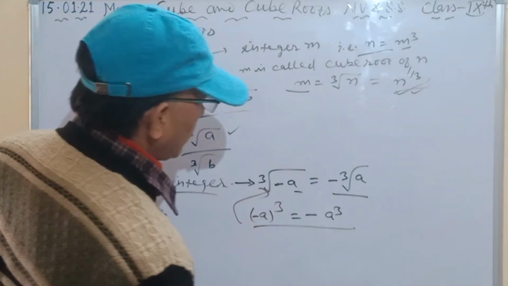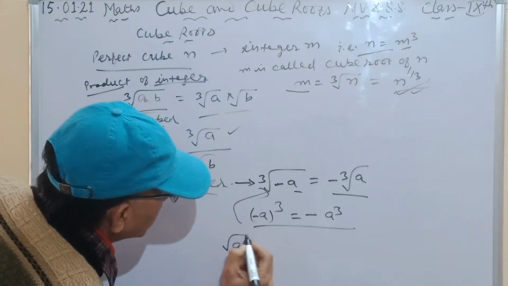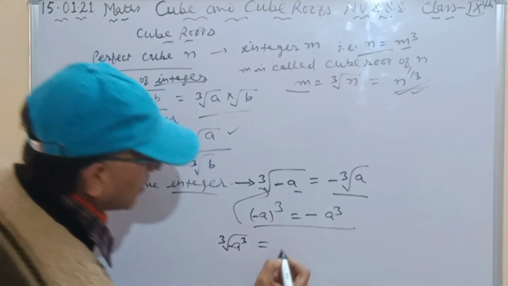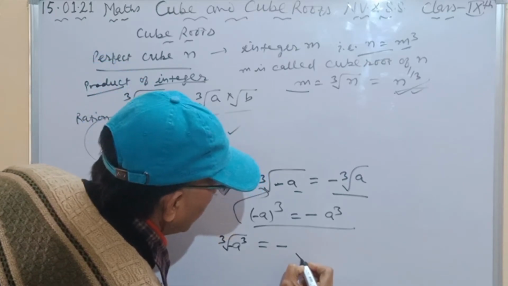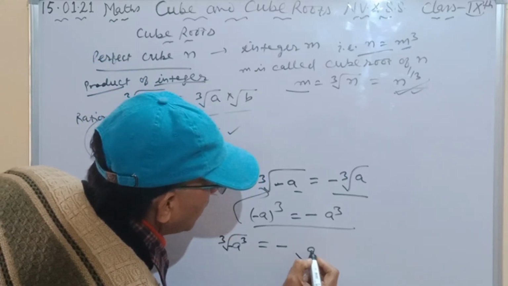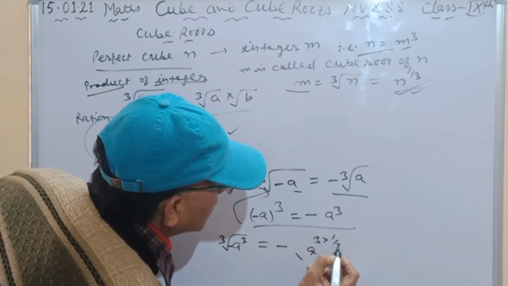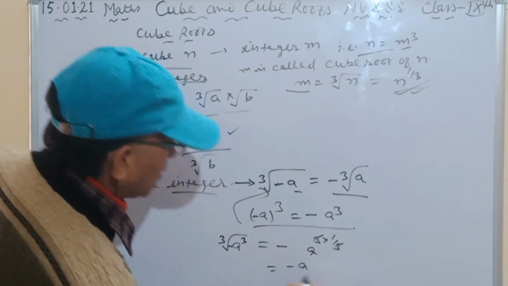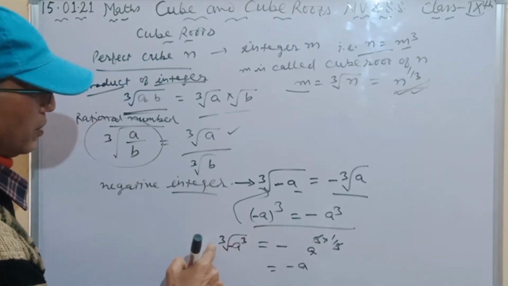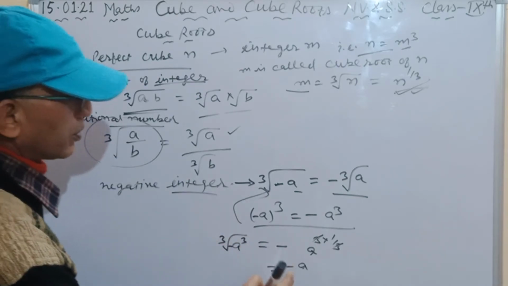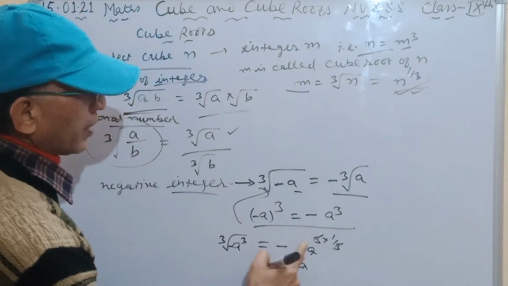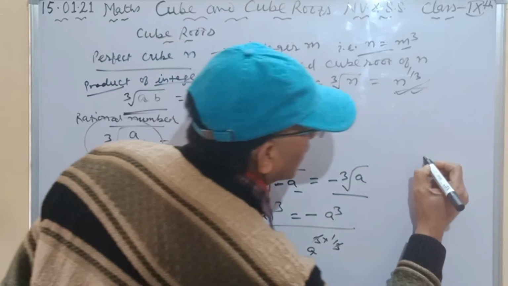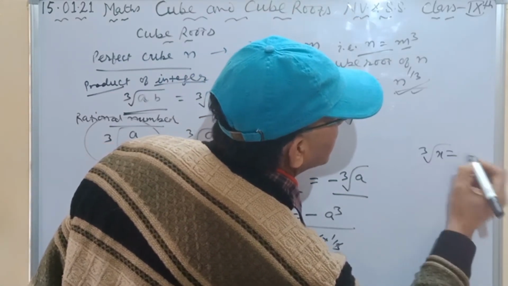The fact is that if you are given minus a cube, then minus comes outside, and a to the power 3 into 1 by 3, you can write this way; 3 and 3 cancel. That means if minus a cube is inside a cube root, the powers get multiplied.